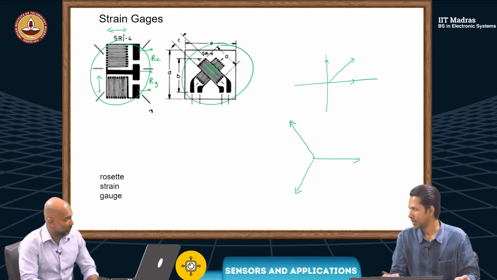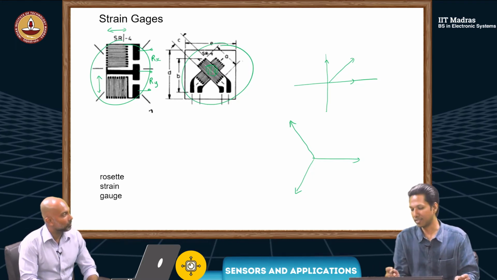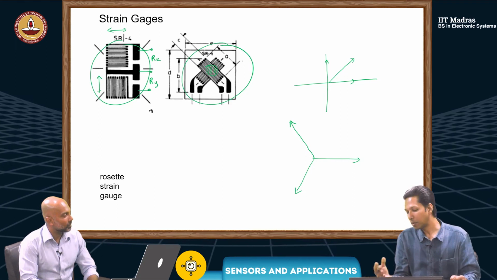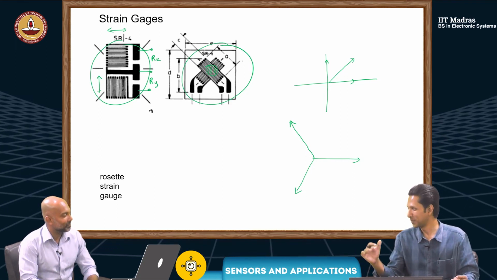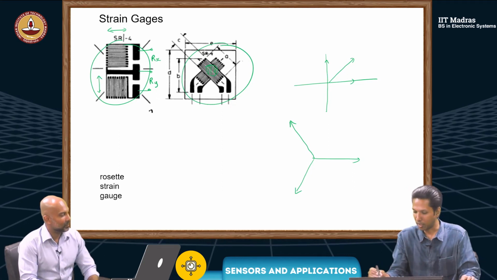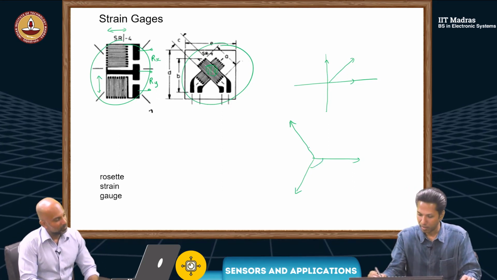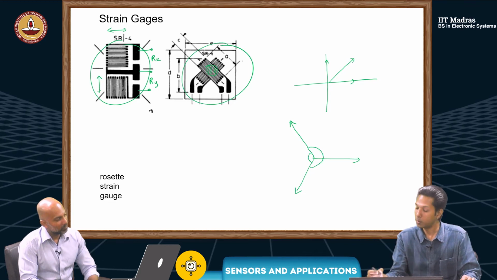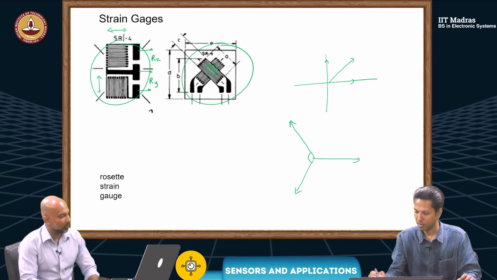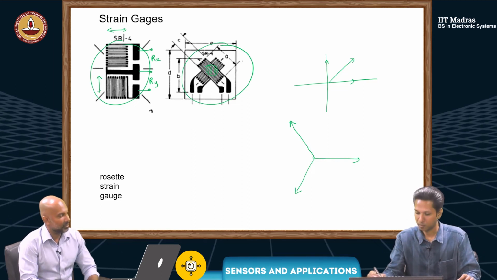Yes, that is also possible. Maybe one of these will be closer to the actual strain. But of course, once you have information in these angles, you will be able to resolve it into the actual direction.